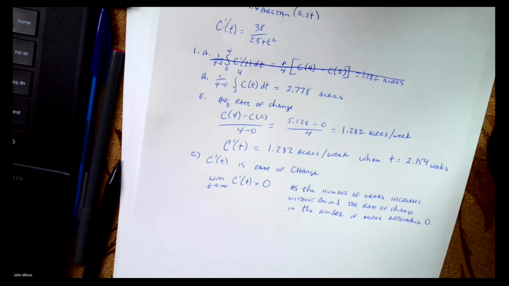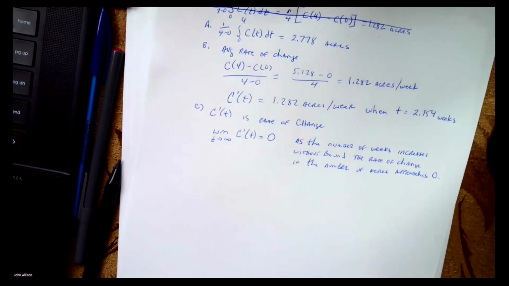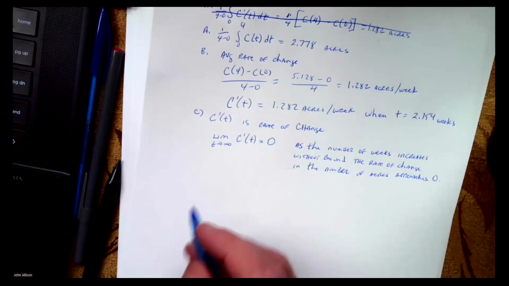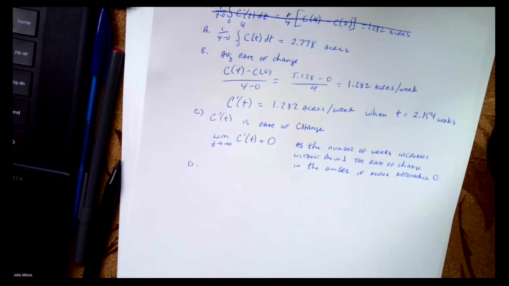That's not too bad. D, at time t equals 4 weeks after the invasive species appears in the fruit grove, measures are taken to counter the spread of the species.